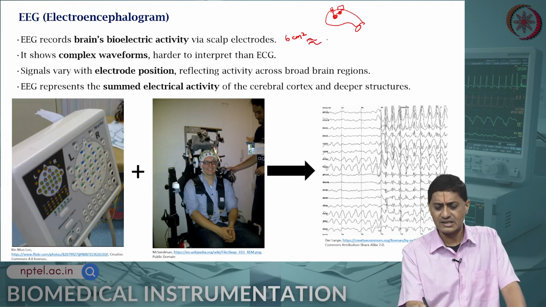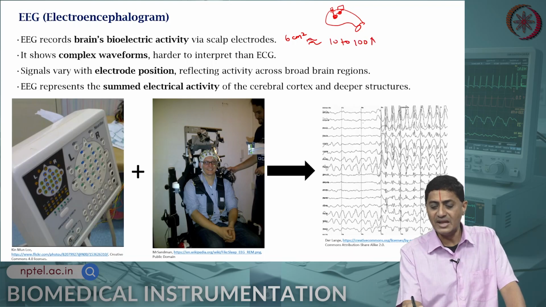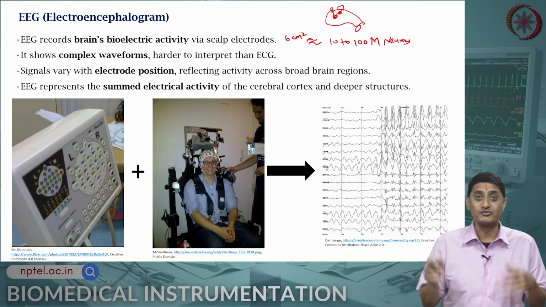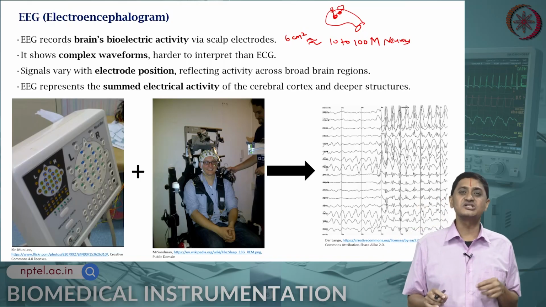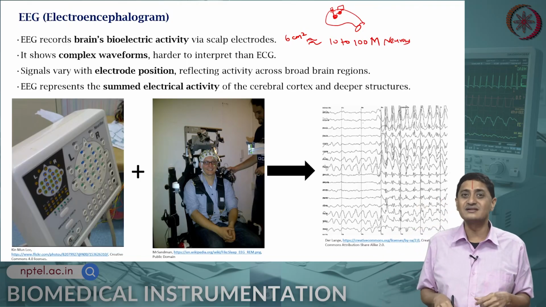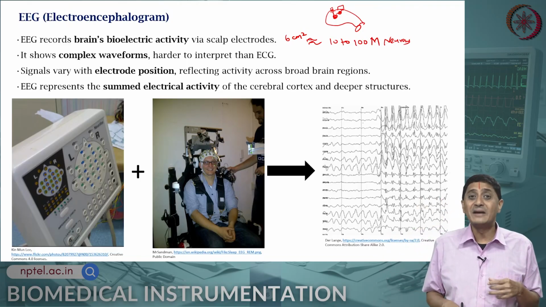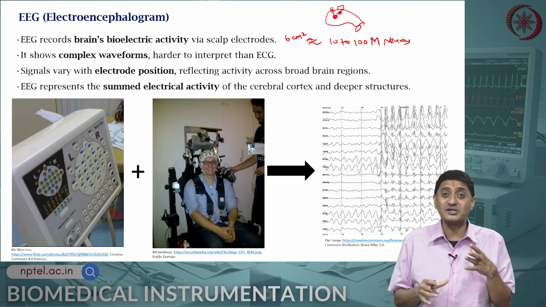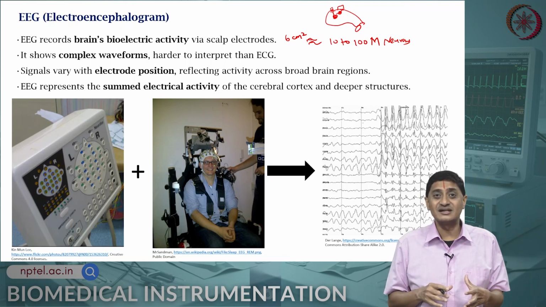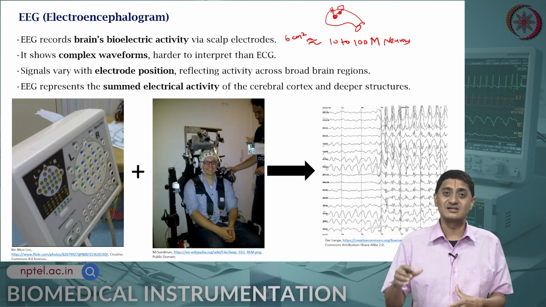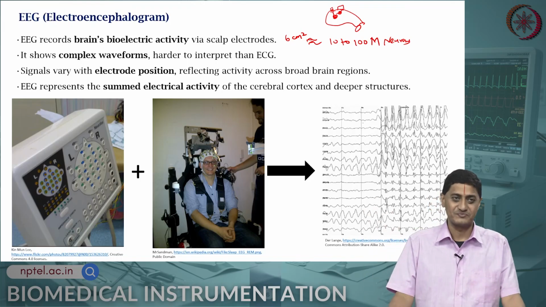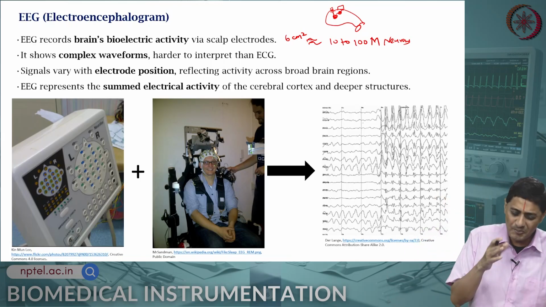That is a lot of neurons. So, EEG does not measure action potentials of individual neurons, but rather multiple postsynaptic potentials that are transmitted through volume conduction effects and seen on the scalp. So, it is essentially a complex waveform.